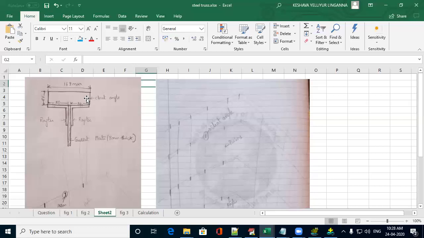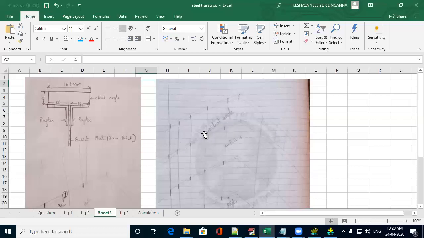This cleat angle is used to connect the rafter and the purlin with the help of the gusset plate and the cleat angle. The cleat angle will be like this at each joint. You can see the cleat angles will be at this point. If you consider this truss, the cleat angle will be at these joints. This is our truss: 1, 2, 3, 4, 5 joints and 5 cleat angles.